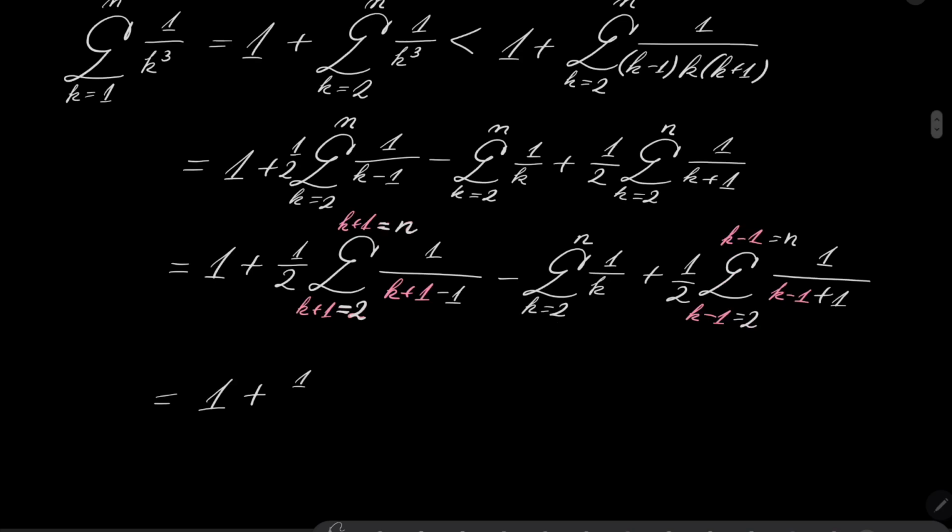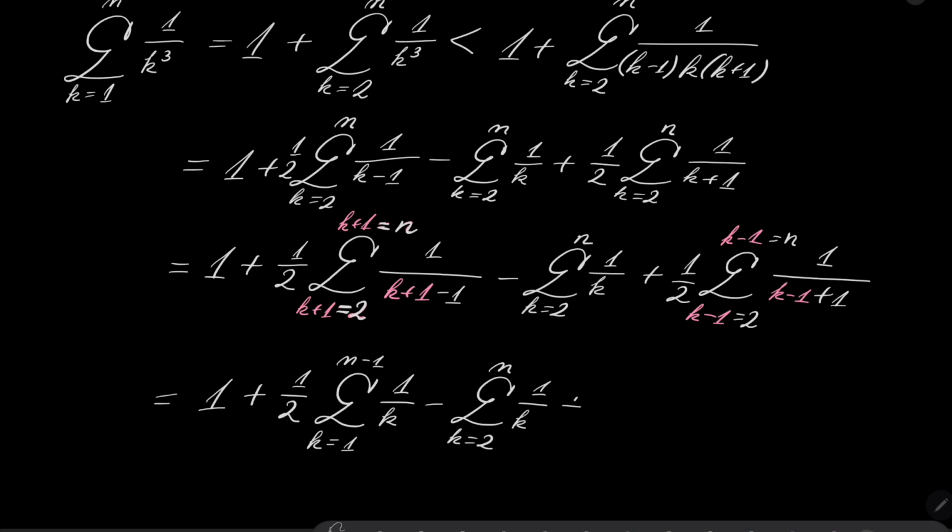So we have the sum going from 1 to n minus 1 of 1 over k, minus the sum from k equals 2 to n of 1 over k. And finally, we have plus 1/2 times the sum from k equals 3 to n plus 1 of 1 over k.